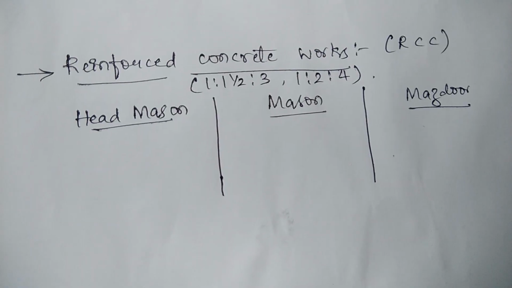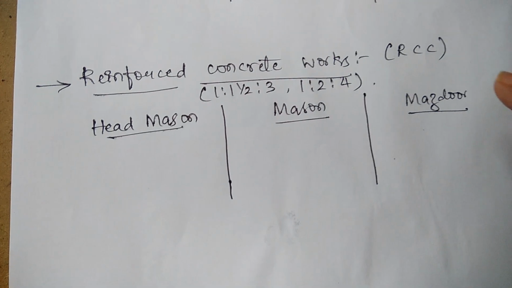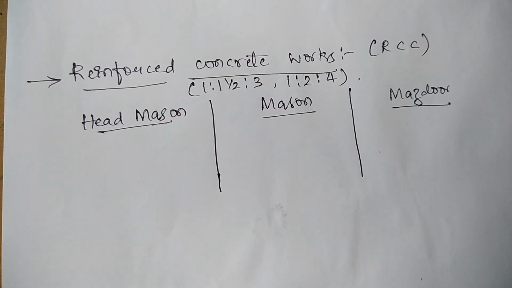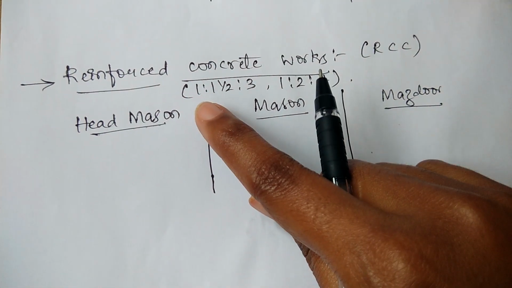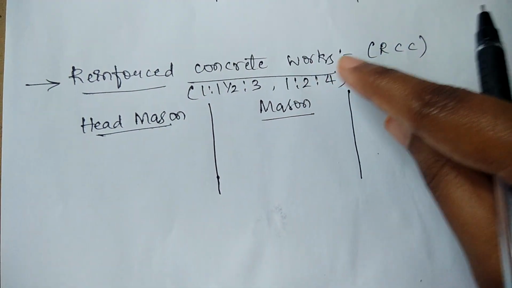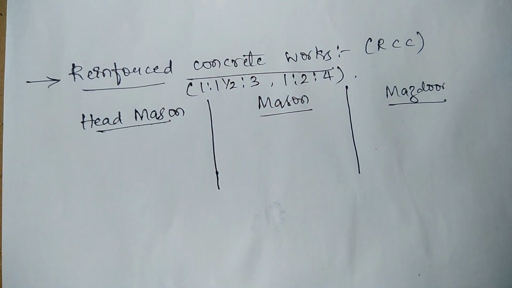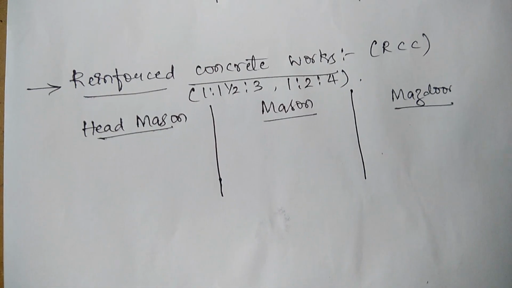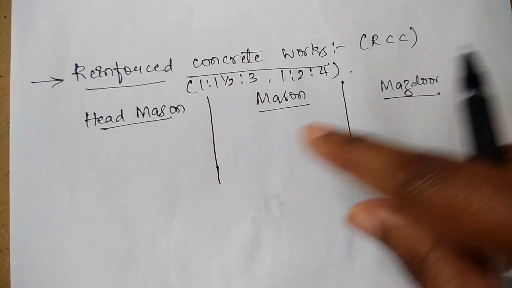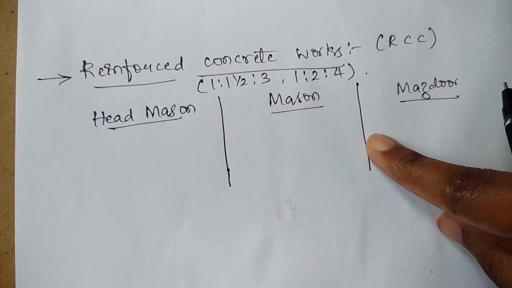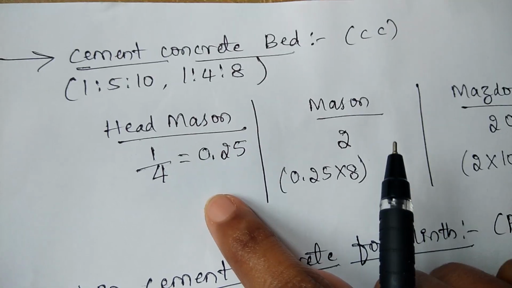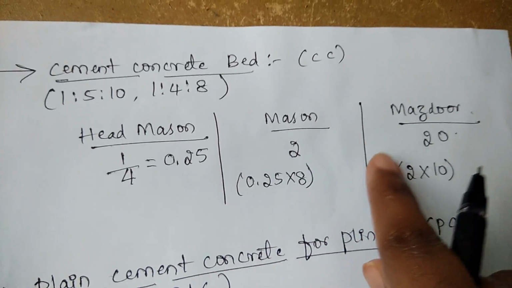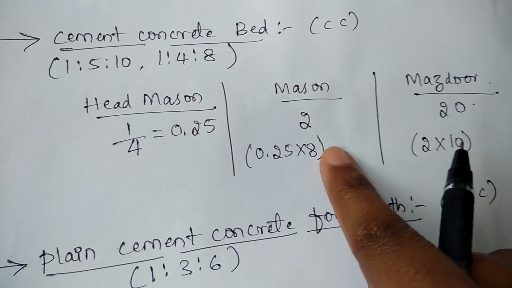Similarly, let us find the quantity of labors for RCC work, whether the proportion they will give you as 1:1.5:3 or 1:2:4. Whatever the proportion it may be, the quantity of labors will remain same for all the types of proportion. Again, for finding the quantity for this item of work, I will be keeping the first CC bed proportion as my reference.